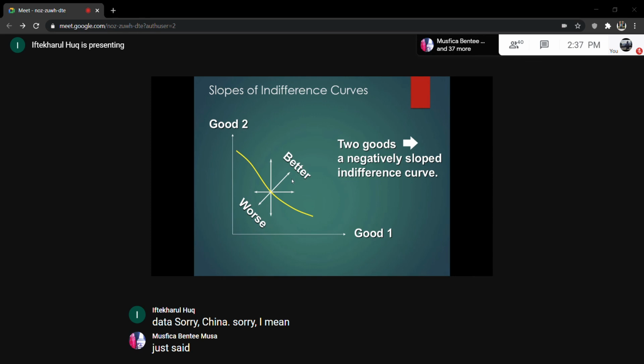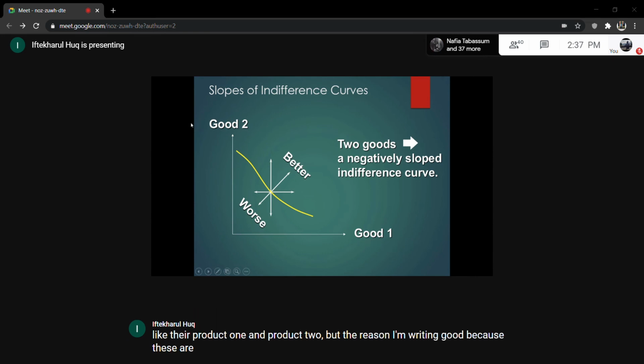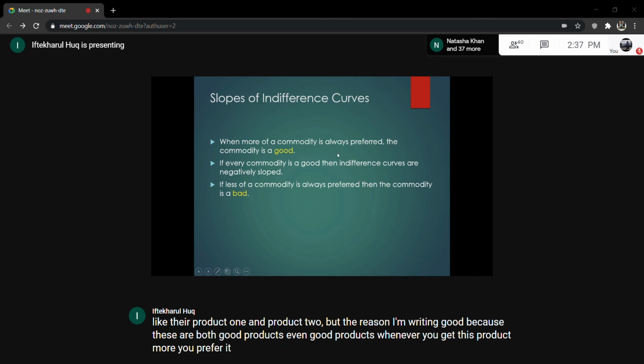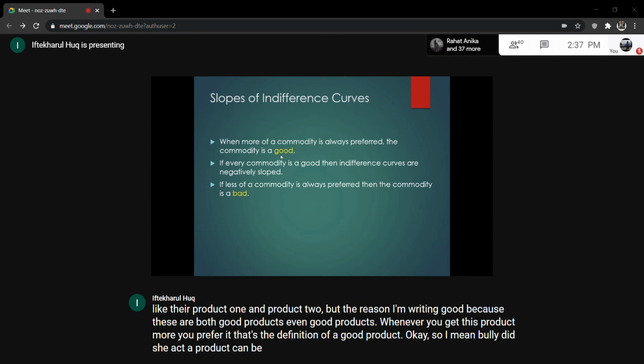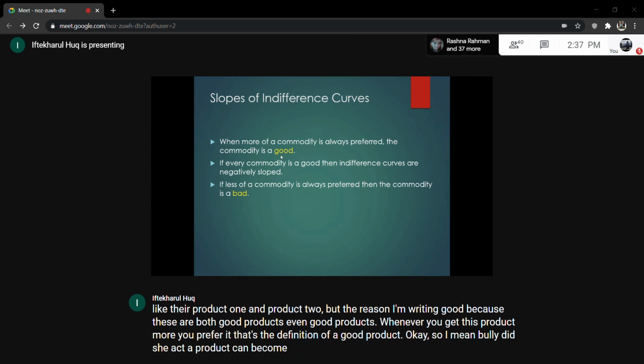হ্যাঁ, they are product 1 and product 2, but the reason I'm writing good is because these are both good products. এবং good product কাকে বলে? Whenever you get this product more, you prefer it. That's the definition of a good product. আমি একটা প্রোডাক্টকে গুড বলবো কখন? যখন আমি এই প্রোডাক্টটা যত বেশি পাই, I like it. যদি তাই হয়, then I'm gonna call it a good product.